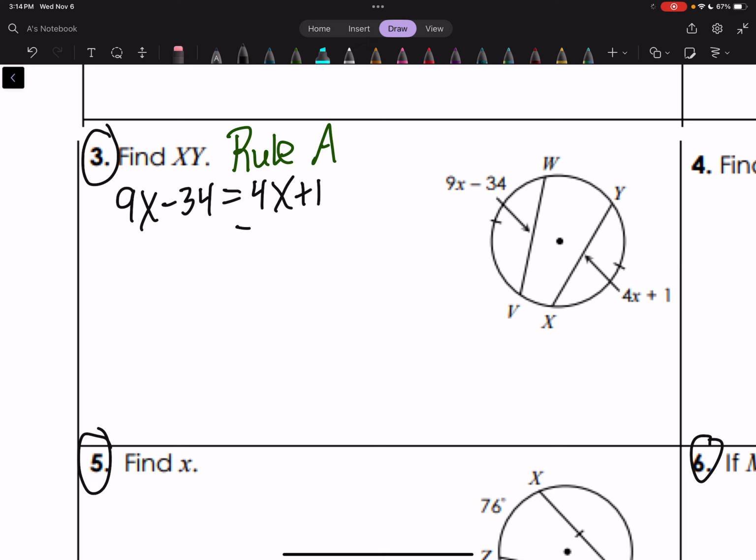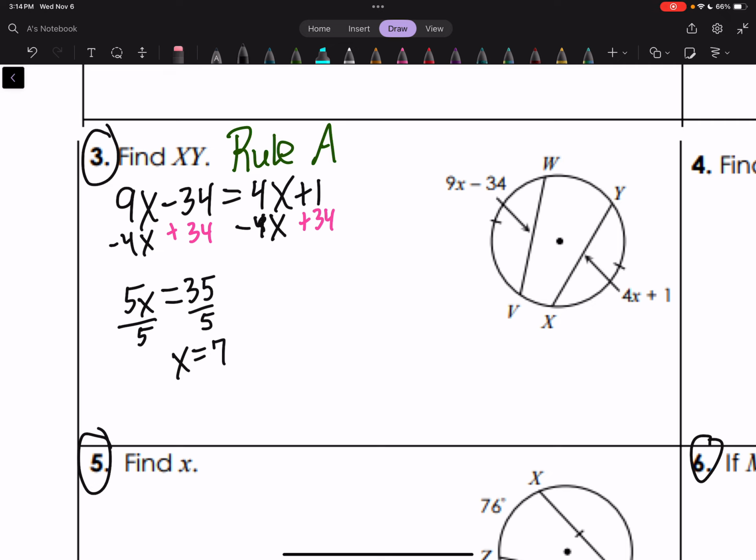So I'm going to subtract 4x from both sides. I'm going to add 34 to both sides. So I'm going to have 5x is equal to 35, dividing by 5. I get x is equal to 7.